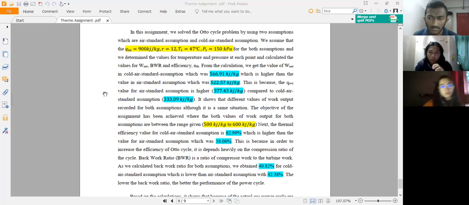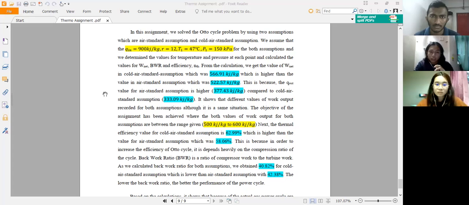For both assumptions, we assume that the Q in is equal to 900 kilojoules per kilogram, compression ratio is 12, initial temperature is 47 degrees Celsius, and initial pressure 150 kilopascals. And then we determine the temperature and pressure value for each point and calculate the value for work net, back work ratio, and the efficiency.